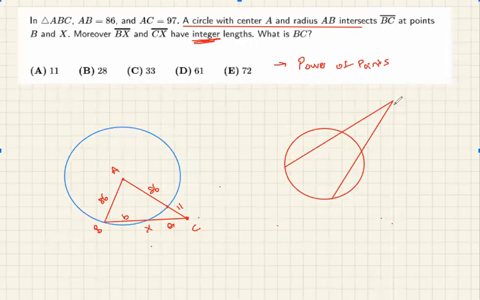I'm gonna call this point P, and these are A, B, C, and D. So PB is a secant line, the line that intersects the circle at 2 points A and B, and PD as well intersects the circle at C and D. Whenever you have a point outside the circle and two secant lines drawn, the product of PA, the distance from the point to the first intersection, times PB, the distance from P to the second intersection, is the same as the other product, PC times PD.